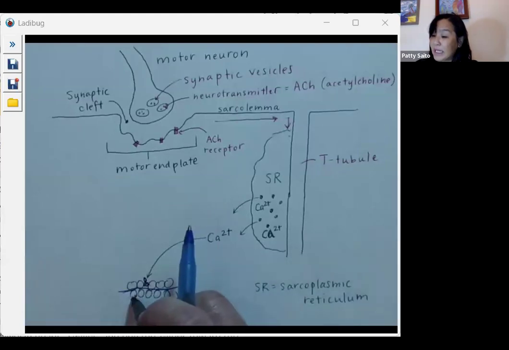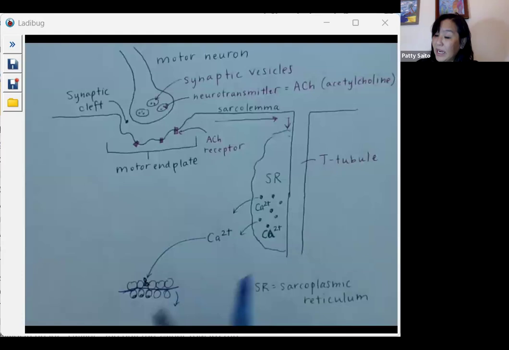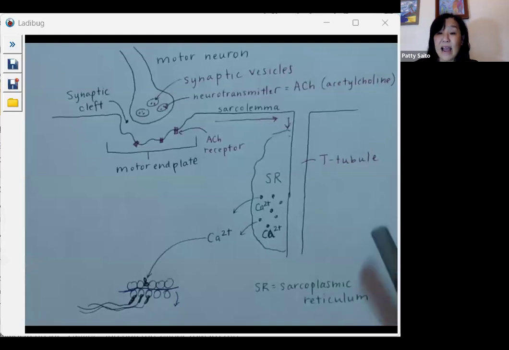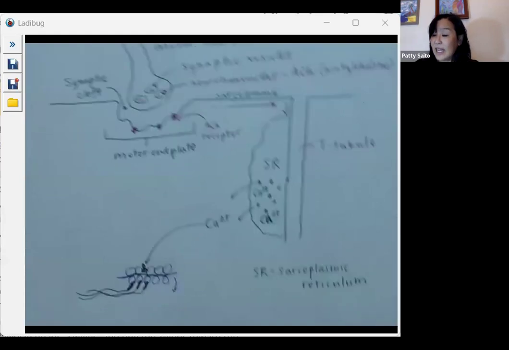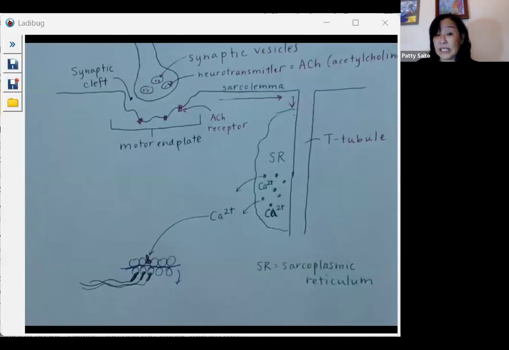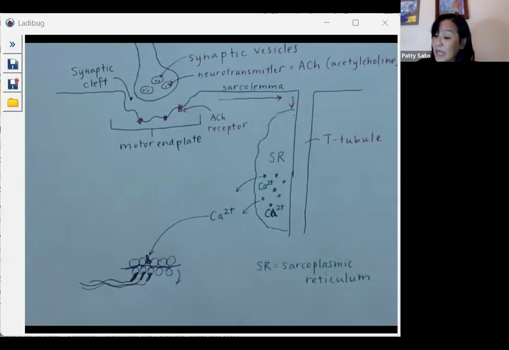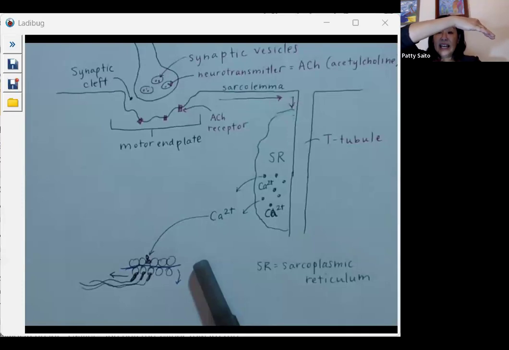So now the myosin heads can bind to the thin filaments. Because when the tropomyosin was covering it, it couldn't bind. All right, but now the myosin heads are going to bind. After the myosin heads bind, if you have ATP present, it's going to cause the myosin heads to swivel. Okay, in other words, if this was the myosin head like this, it's going to do this.